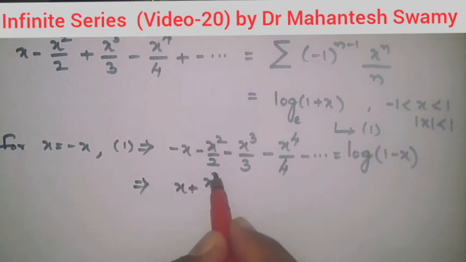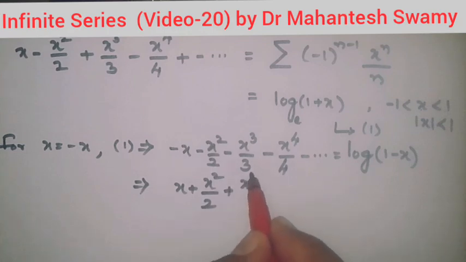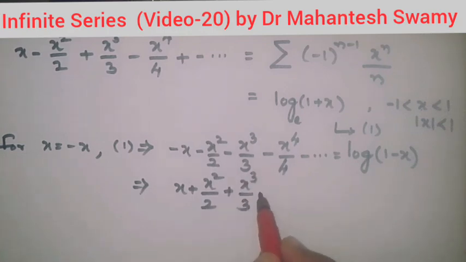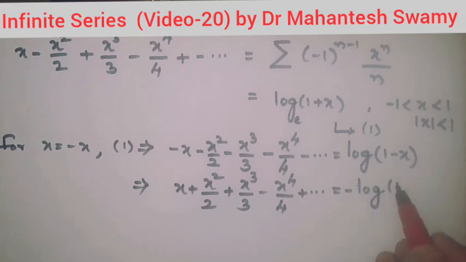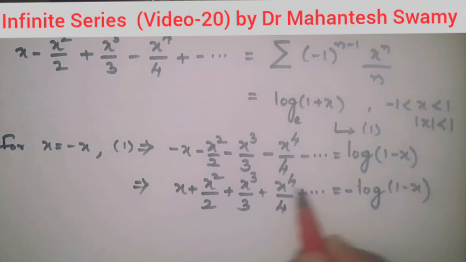We are multiplying throughout by minus sign, therefore the LHS is totally positive, and on the RHS we have minus log of 1 minus x. So this series of positive terms is minus the logarithmic series of 1 minus x, and let us take it as equation number 2.